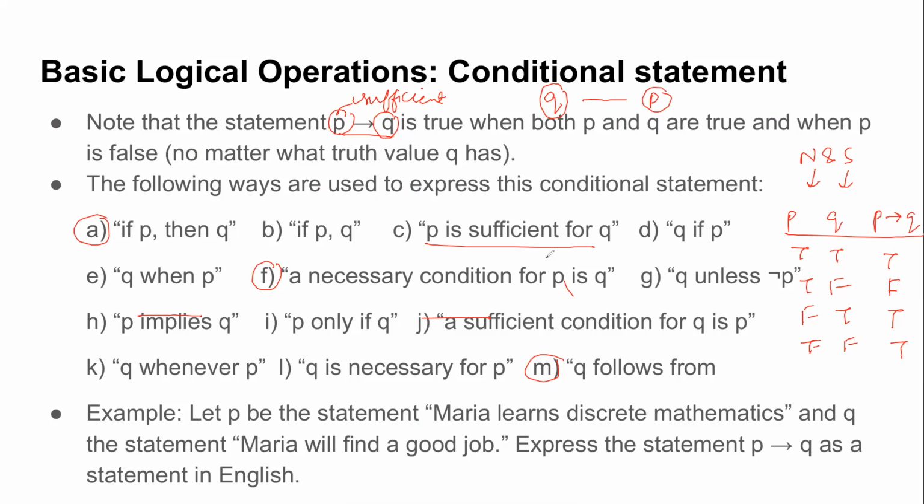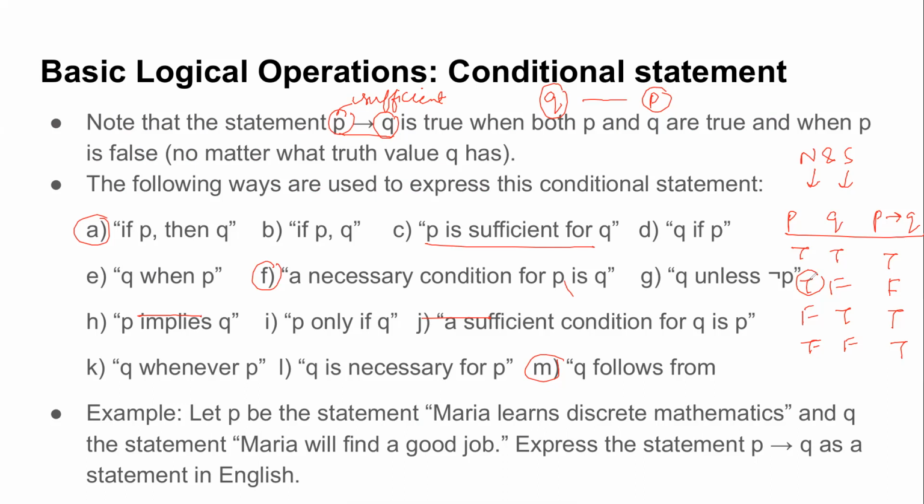But for now, just to have an idea, what you need to understand is that neither of them is independent of the other. The only difference comes in the way which one holds importance. You can see from the truth table itself, the hypothesis holds importance in the sense that whenever it is true and the conclusion is false, that's the only condition when your implication is going to be false.